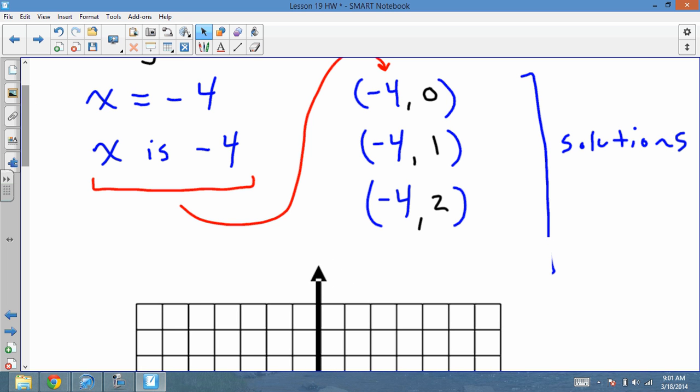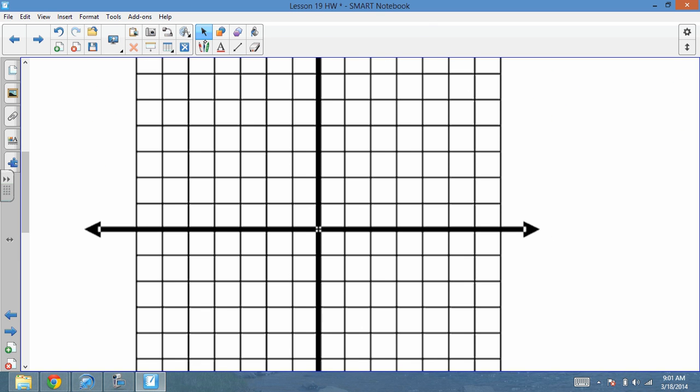The first solution was the point -4, 0. So on the graph to plot -4, 0, I'm going to go to the left 4 and up 0. The next solution I came up with was the point -4, 1. So you start at the origin and you're going to go left 4 and up 1.